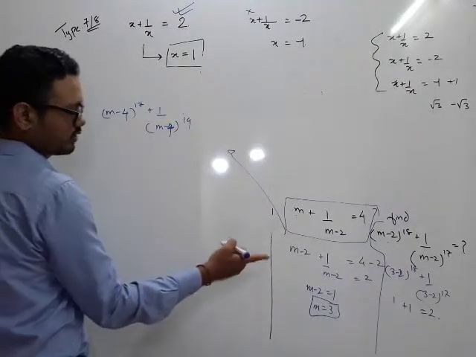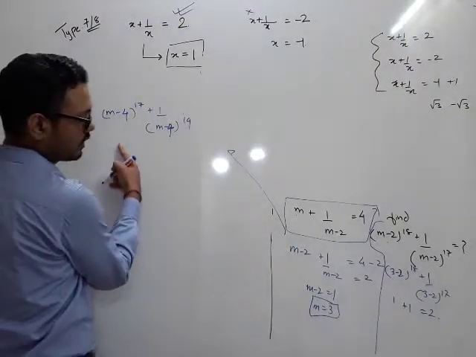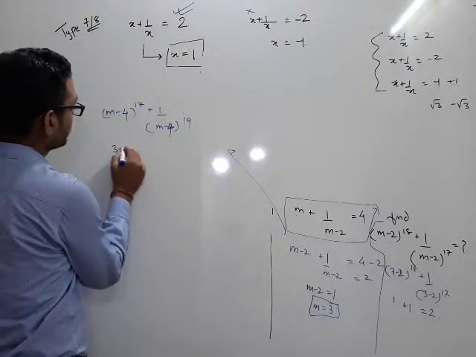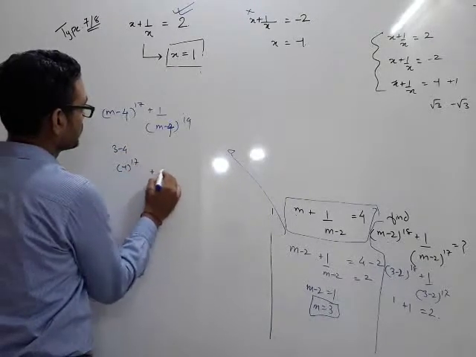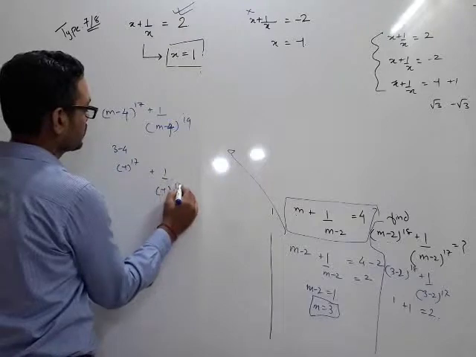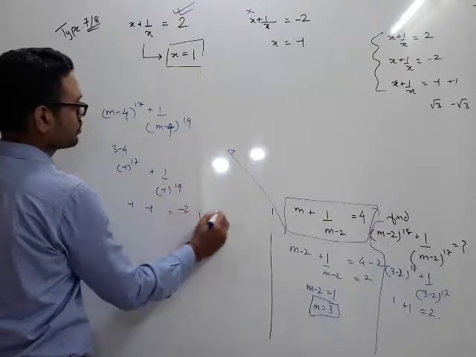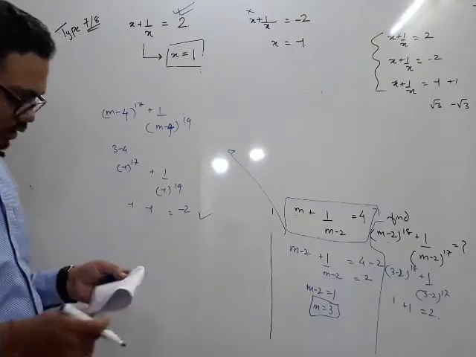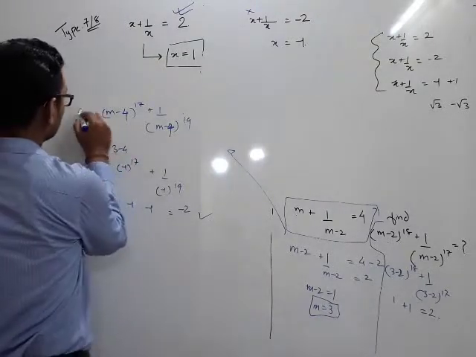So in the same question, they can also ask this. We have got the value of m as 3. So 3 minus 4, which is minus 1, raised to 17 plus 1 upon minus 1 raised to 19. Odd power, minus 1, answer is minus 2. Okay. Also, this is one question.